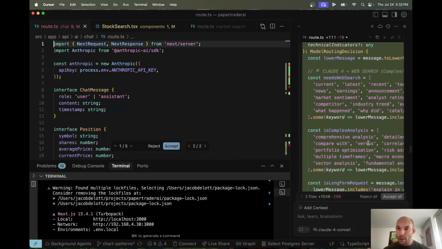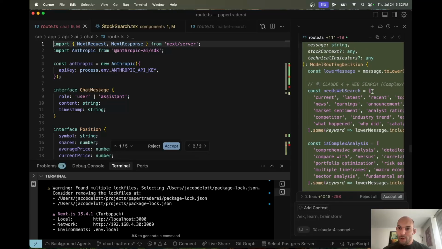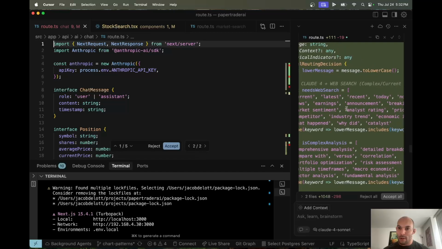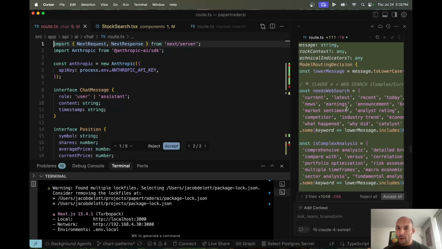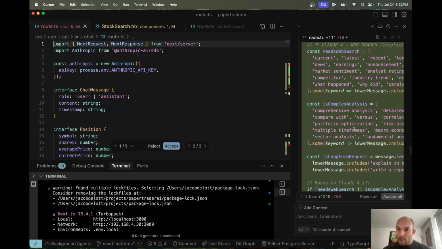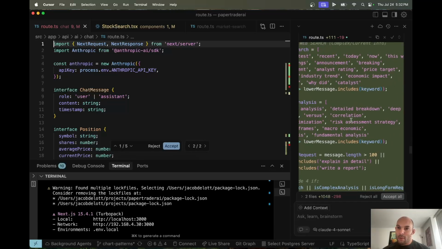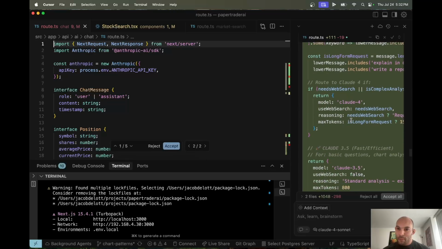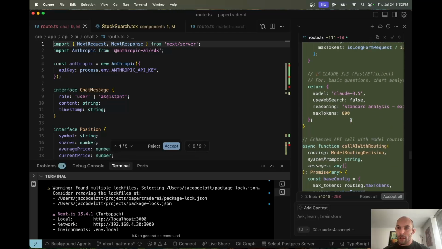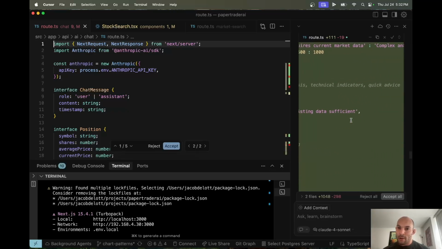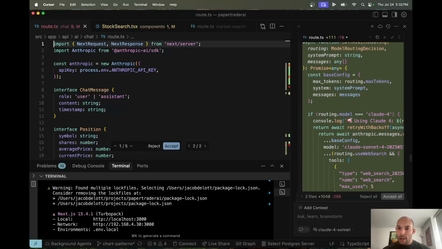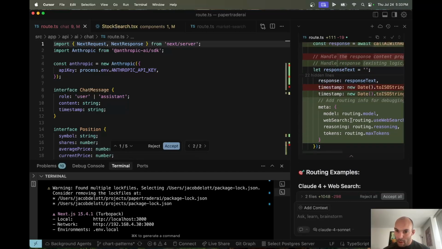If you look here, Claude 4 plus web search, complex current info, and then it has this array of words that it'll use to target, as well as complex analysis. And then for Claude 3, for basic questions, chart analysis, that's right here. So that's what I came up with.